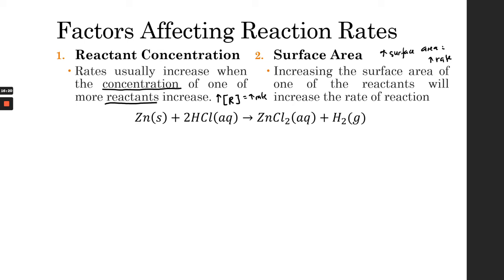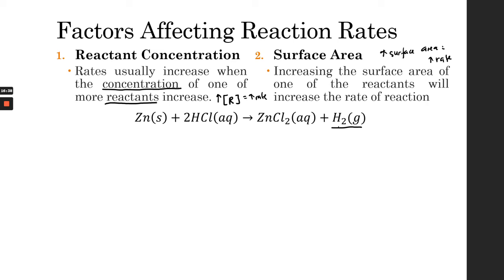Okay, so let's take this as an example. We have zinc solid and we introduce it to 2 moles of HCl, which is aqueous, and the reaction forms hydrogen gas. So let's just focus on the formation of hydrogen gas between these two reactants.